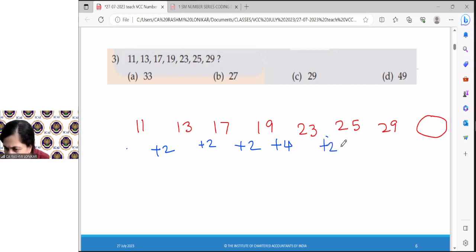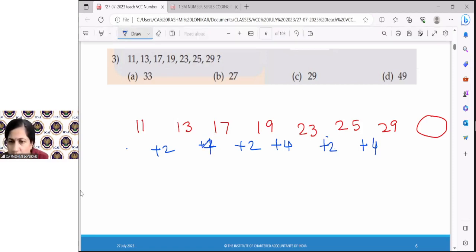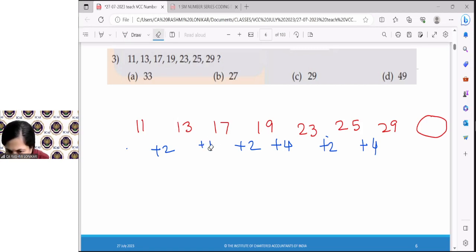Oh, sorry, this is plus 4. 13 plus 4. Okay. 11 plus 2 is 13. 13 plus 4 is 17. 17 plus 2 is 19. 19 plus 4 is 23. 23 plus 2 is 25. 25 plus 4 is 29.